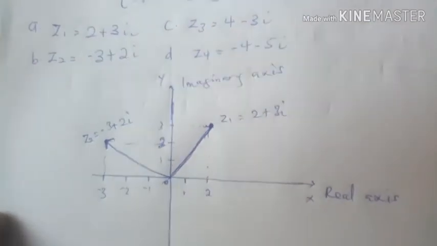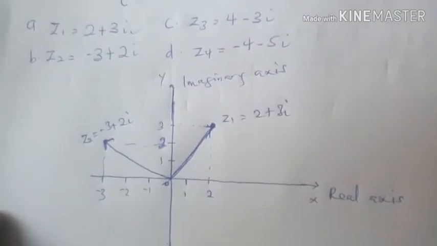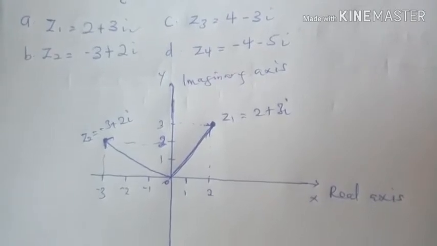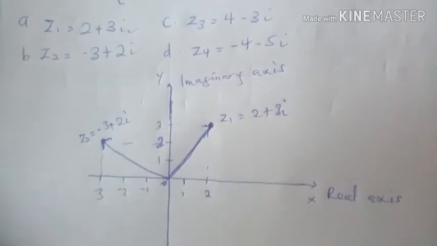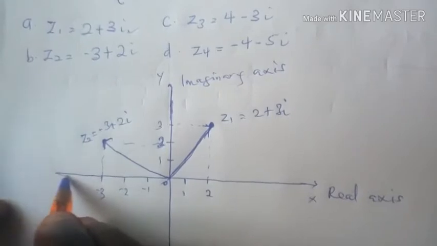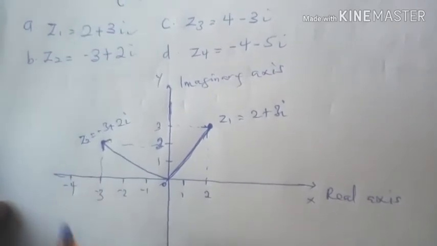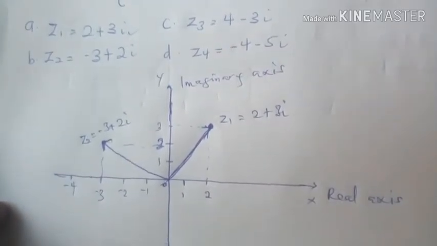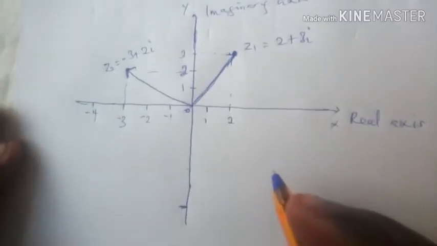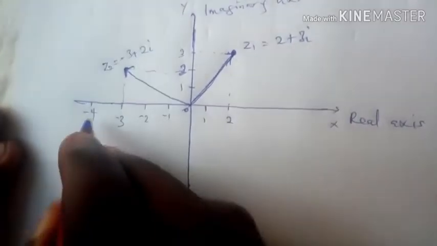Then there is negative 4, negative 5. So negative 4 on the real axis, and negative 5 on the imaginary axis, let's say it's at this side.